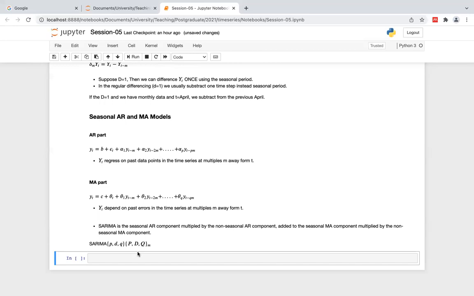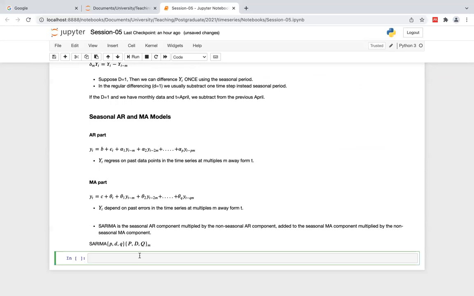Q stands for the seasonal moving average order. D stands for seasonal differencing. Okay, clear. Then let's see how we implement this.